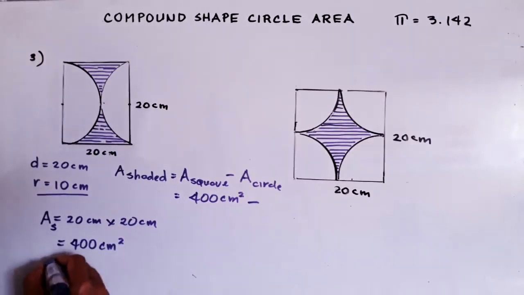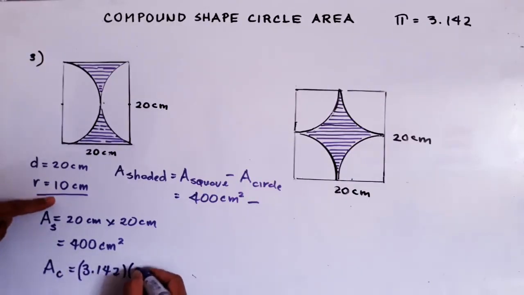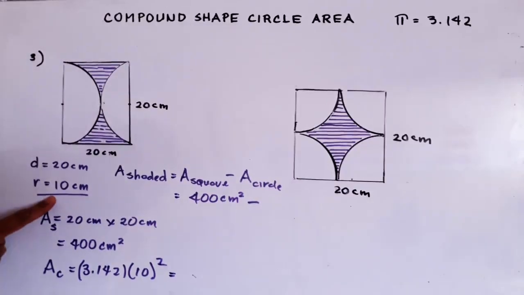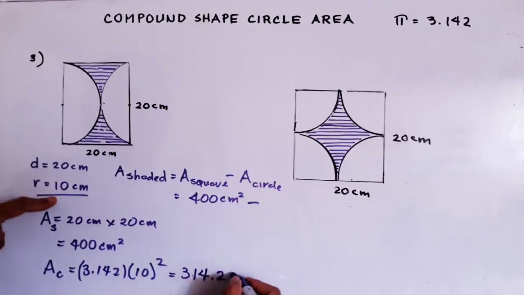So the area of our circle is equal to pi, which is 3.142, times the radius, so here's the 10 squared. And the area of our circle here is 314.2 cm squared.